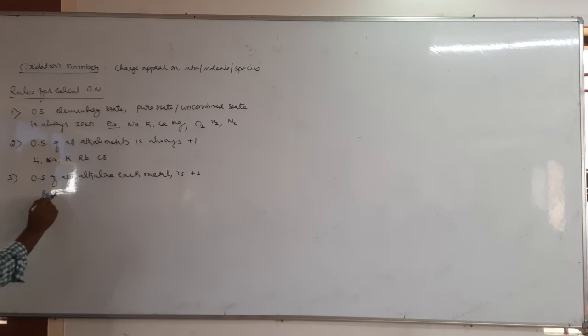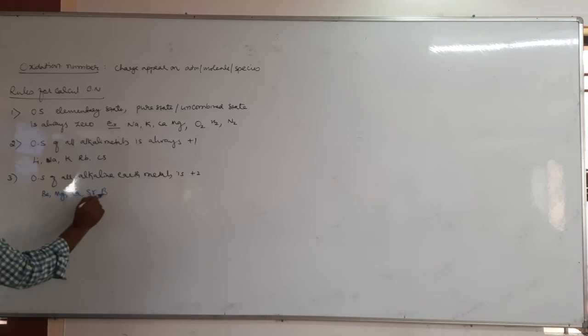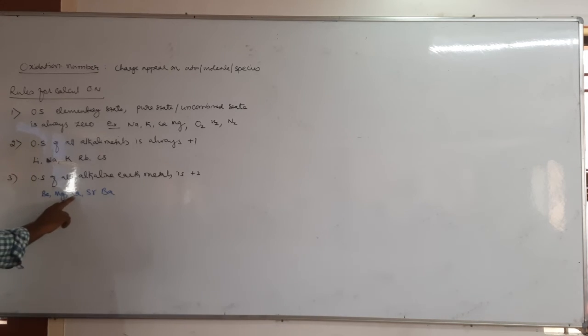Beryllium, magnesium, calcium, strontium, barium. Radium is again a radioactive element. So beryllium, magnesium, calcium, strontium, barium is always +2. Then tell me why it is fixed? Why is it +1? Why is it +2?